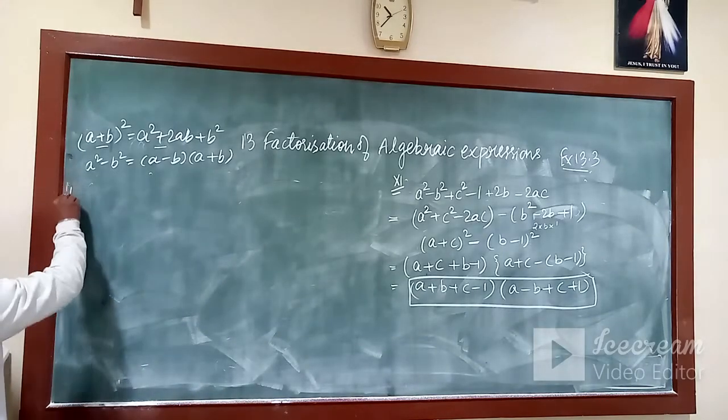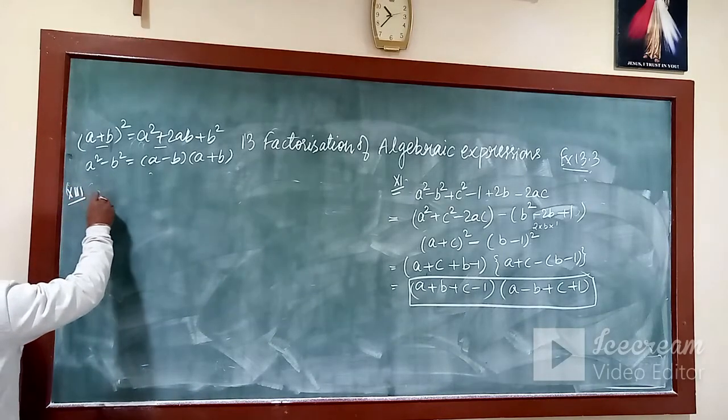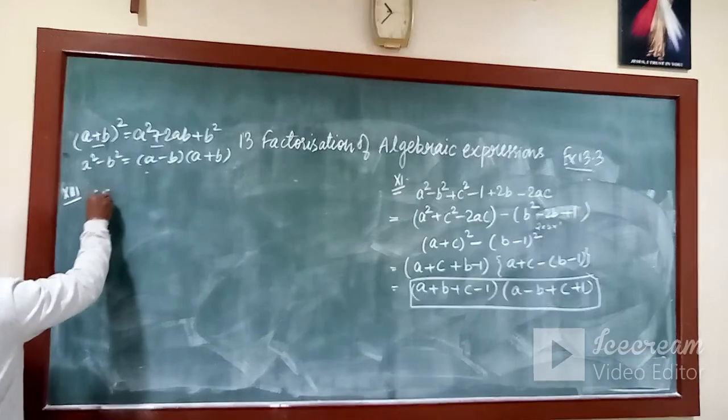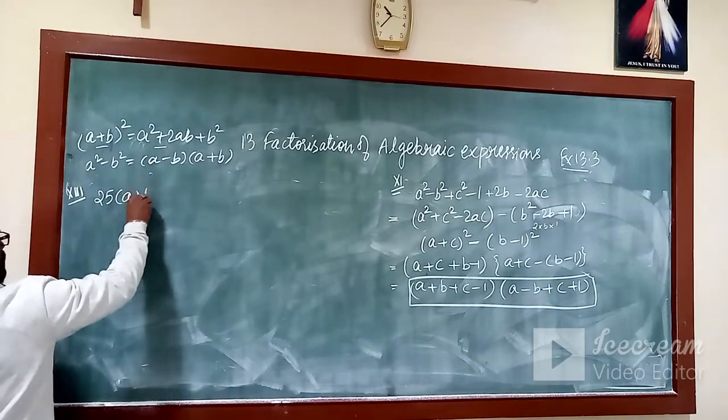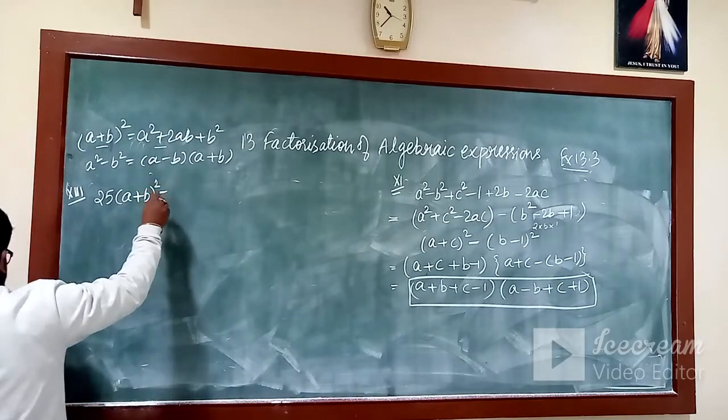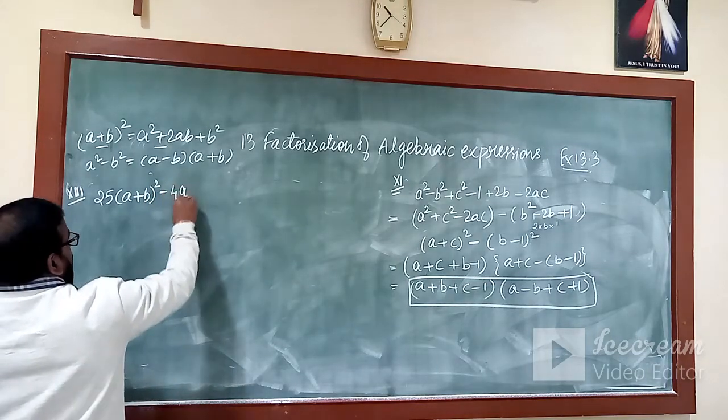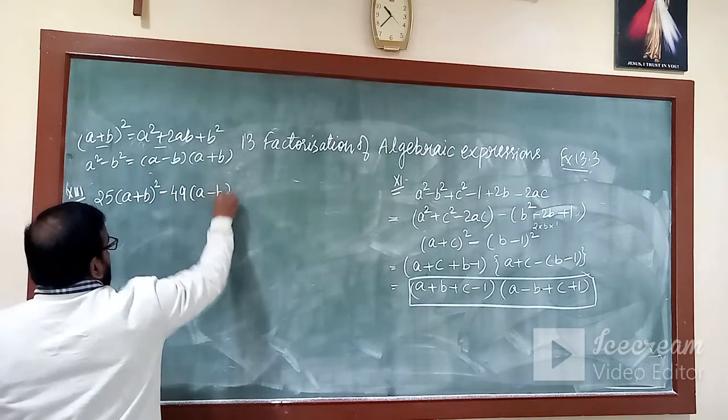Now let's see question number 12, 13: 25 into a plus b whole square minus 49 into a minus b whole square.